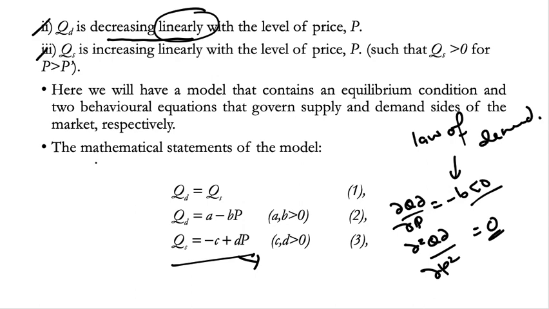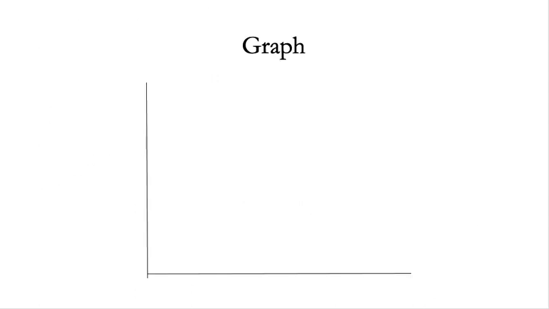components of the model. Now, if you want to put it in the form of a graph, let's say this frame of diagram. On the vertical axis, we put quantity demanded and quantity supply. On the horizontal axis, we put price.